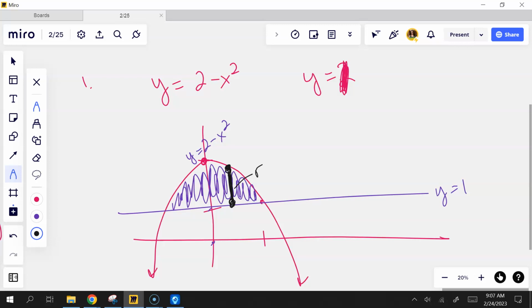Now, Monday, we'll take this and rotate it around the x-axis so that there's a hole in it. But here, there's not a hole. So I need this radius, just that shaded part up top.